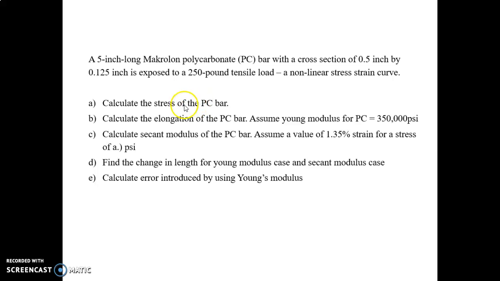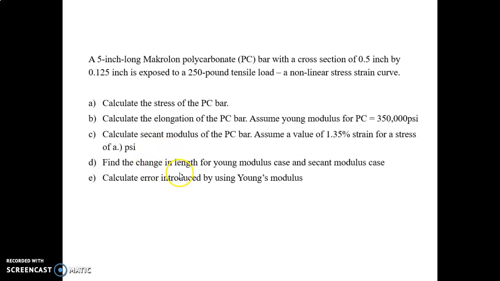Awak dapat A ni, load dia berapa, stress dia berapa. So awak kena bahagikan load yang dekat sini bahagi dengan value strain. Okay, so value strain ni awak kena convertkan jadi bahagi dengan 100 lah. Jadi 0.0135. Okay, dapat load kat sini berapa bahagi dengan yang ini. So dapatlah dia punya secant modulus.